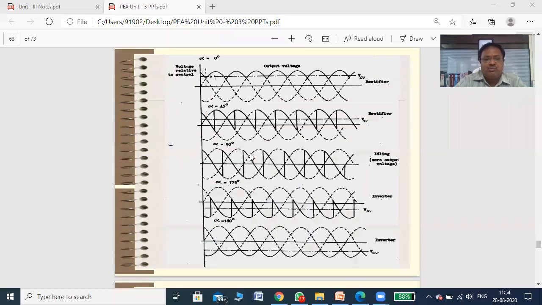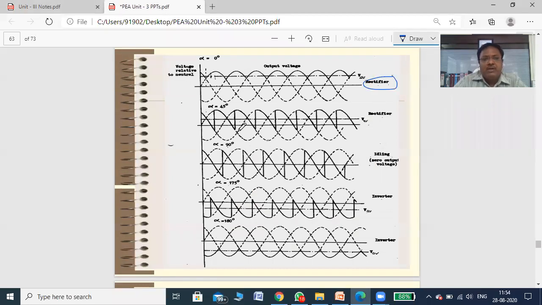If you see this waveform, when alpha is equal to 0 in the first figure, you will get complete pulses, the maximum DC output voltage, and the circuit will work as a rectifier.